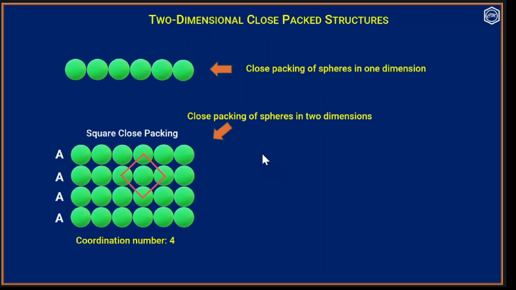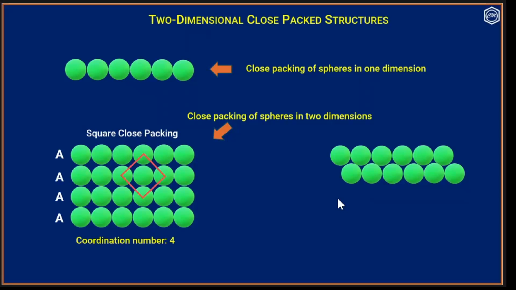In another type of arrangement, the second row may be placed below the first in a staggered manner such that the spheres of the second row fit in the depressions of the first row. If the spheres in the first row are called A type, those in the second row are different and may be called B type.